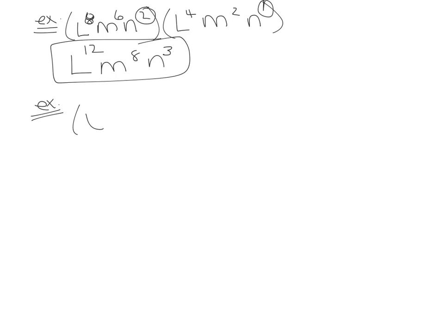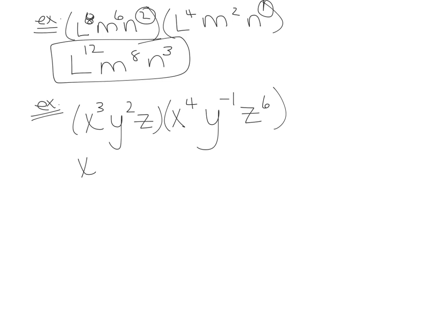Well, ladies and gentlemen, I just add integers. X cubed y squared z times x to the 4th, y to the negative 1, z to the 6th. You always add exponents before you worry about negative exponents. So we're going to do our x's first.